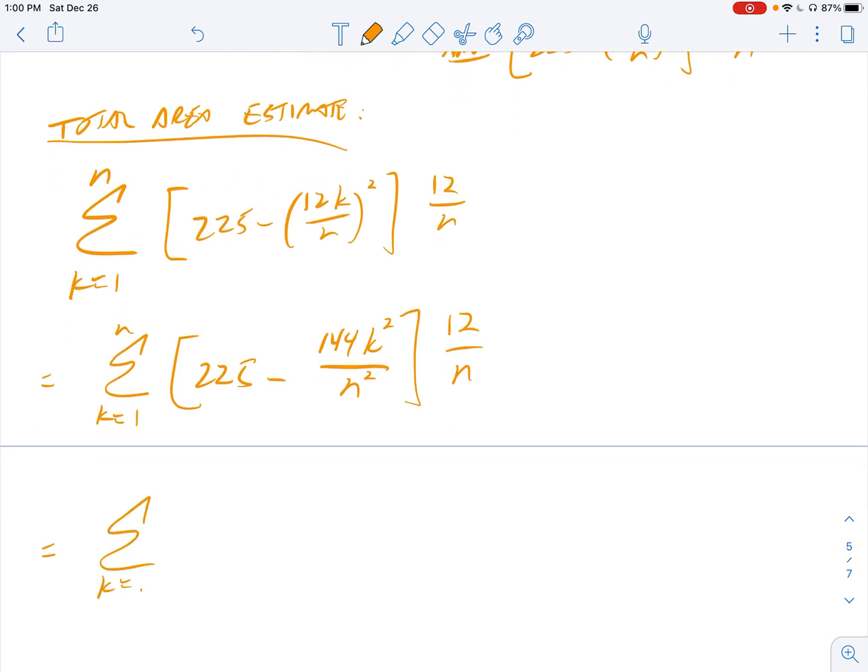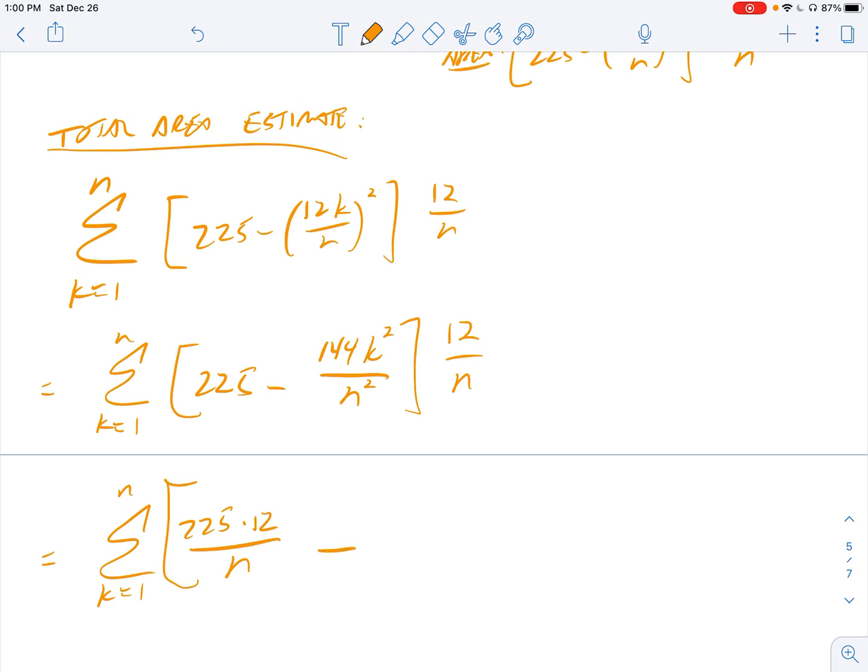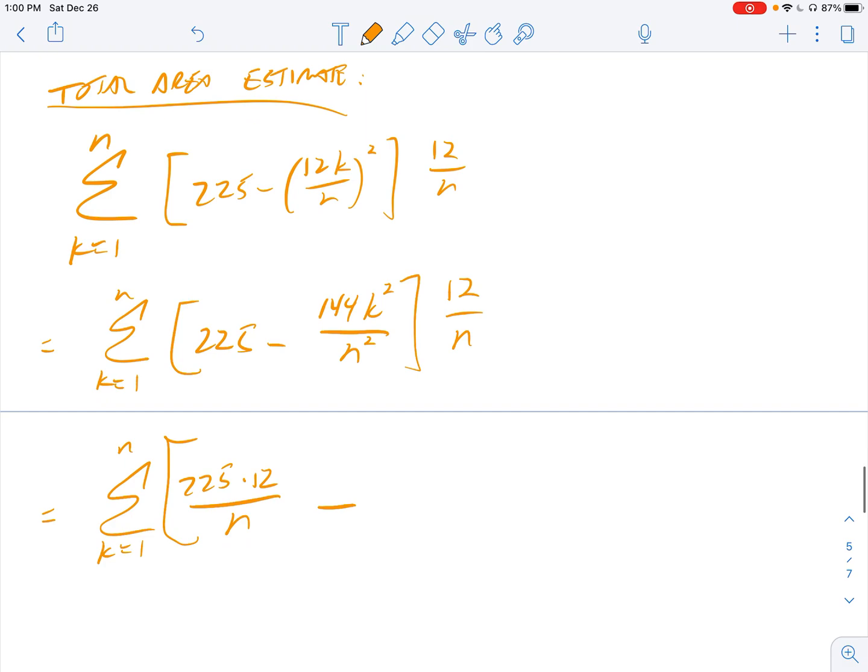This is the sum as k goes from 1 to n of 225 times 12 over n minus, I'm just distributing this 12 over n, 144 times 12 times k squared over n cubed.